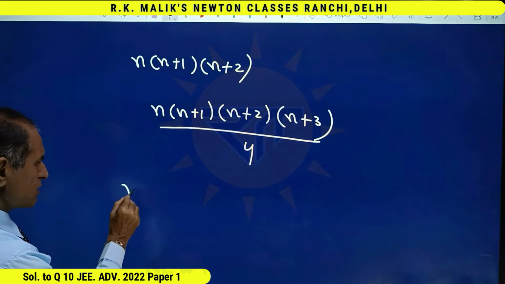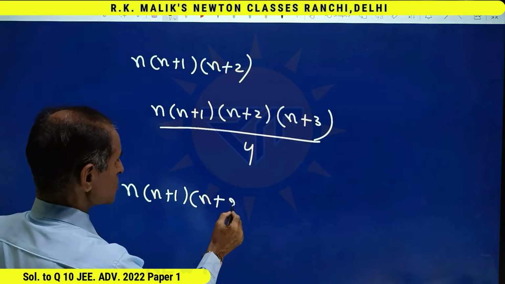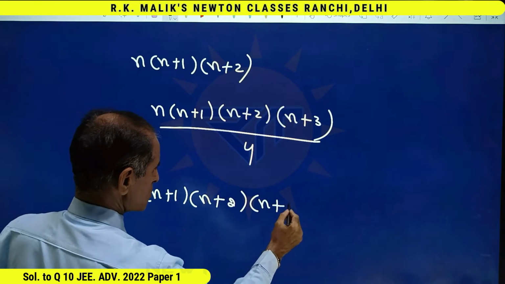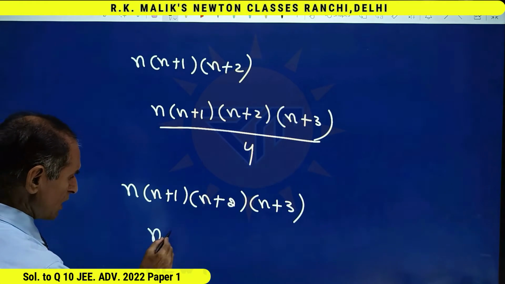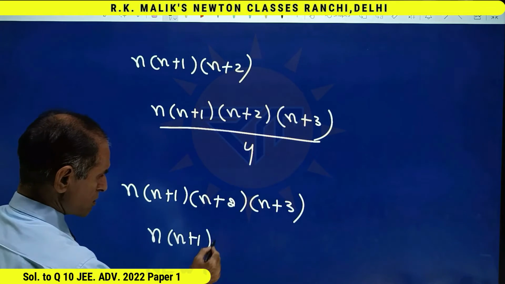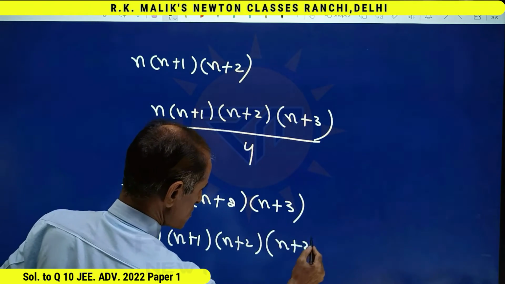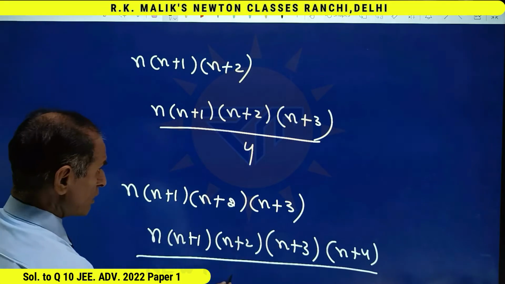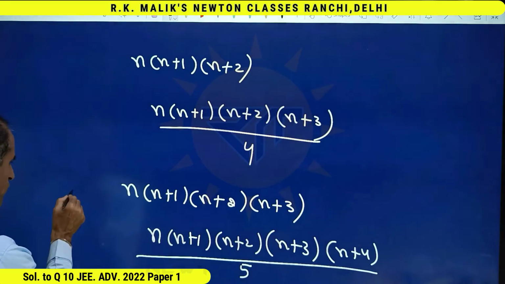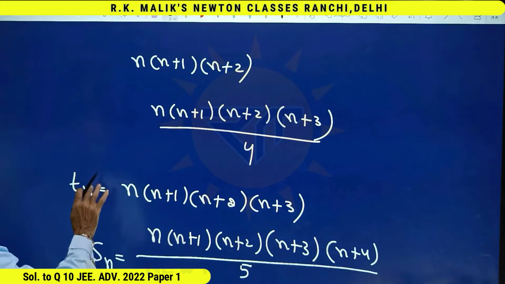If nth term is ... then sum of n terms will be ... by 5. That is, if this is Tn, then this will be Sn.